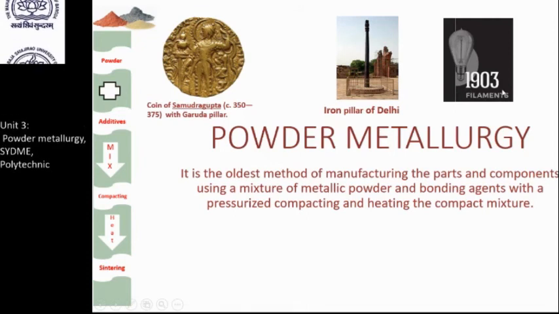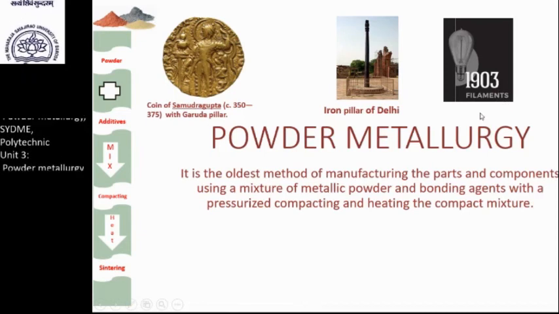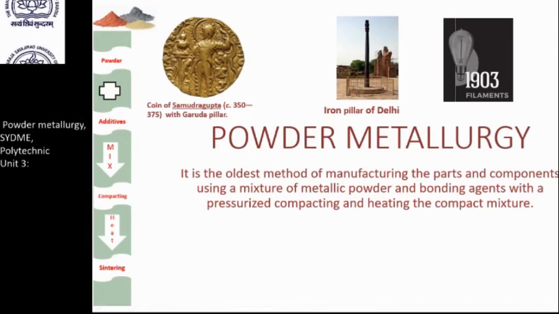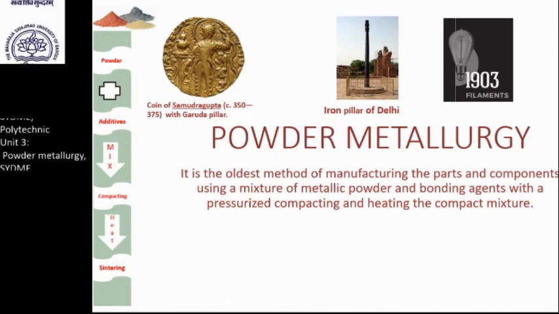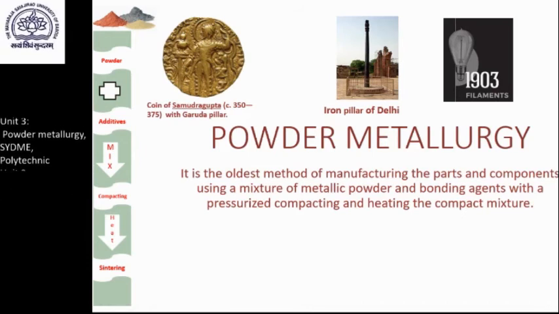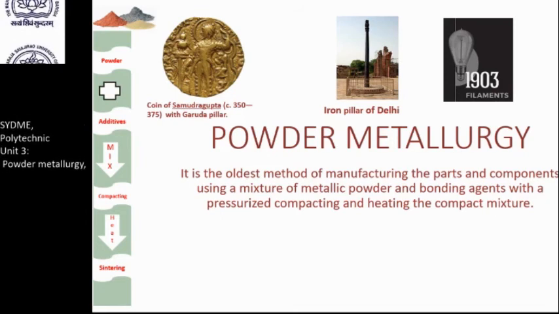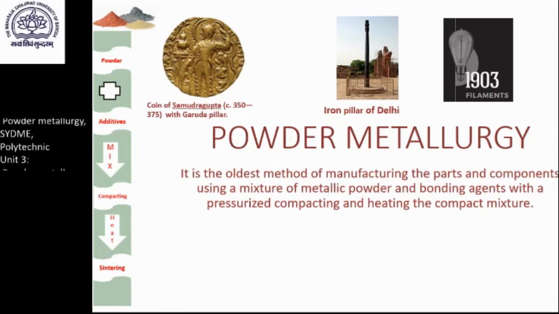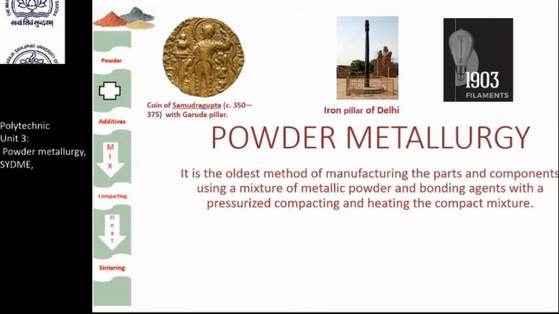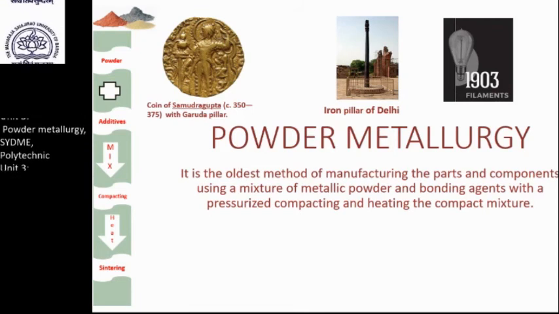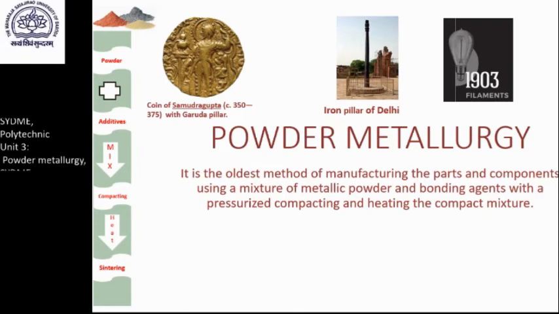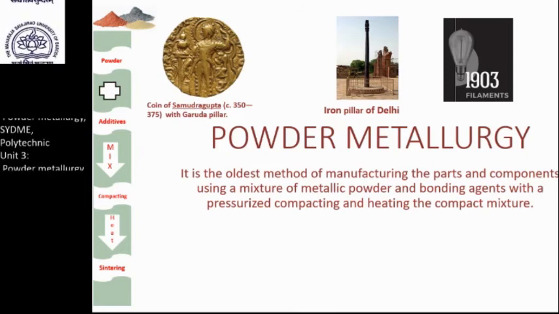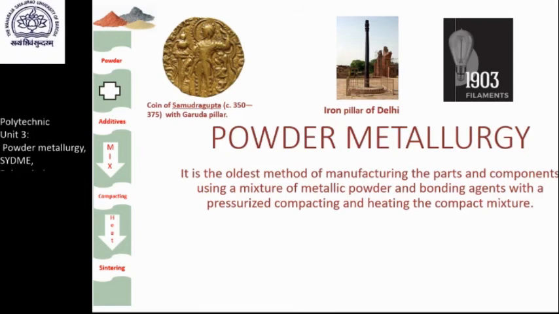In 1903 in America, tungsten was used to manufacture the filament, and tungsten filaments are manufactured using powder metallurgy as the manufacturing process. So this particular process has a great history and a very good application in the current situation also.